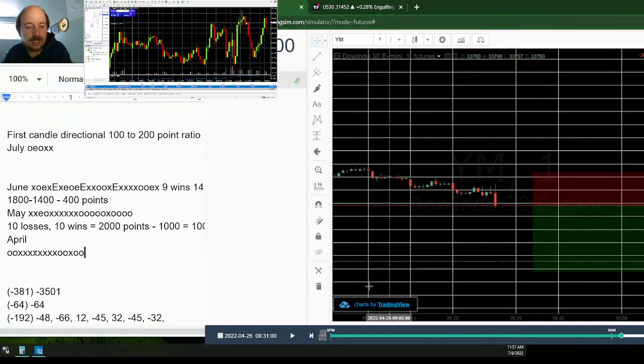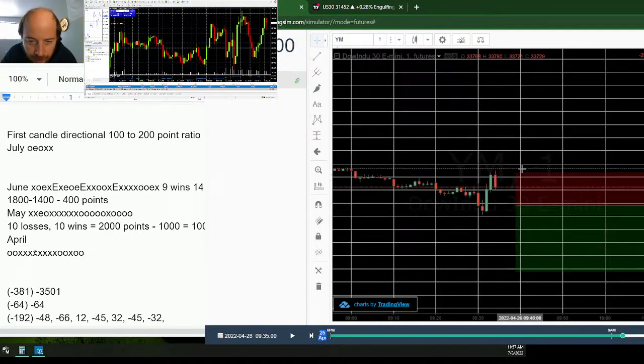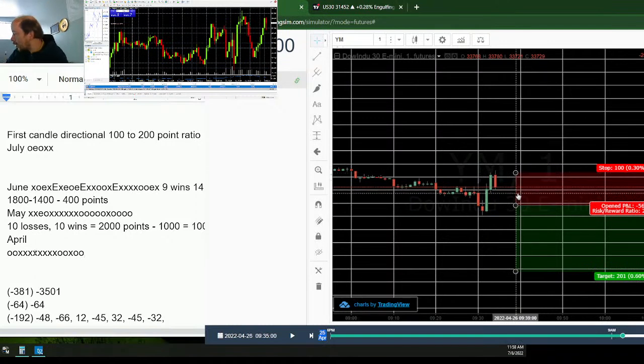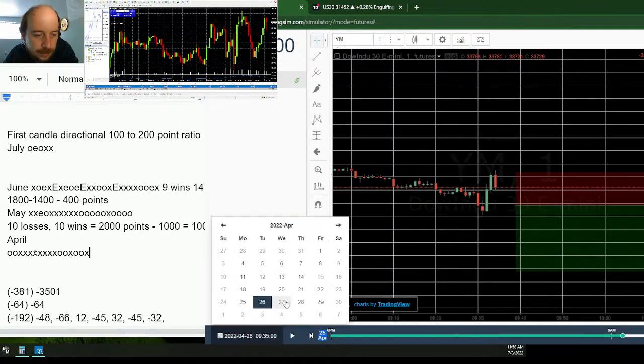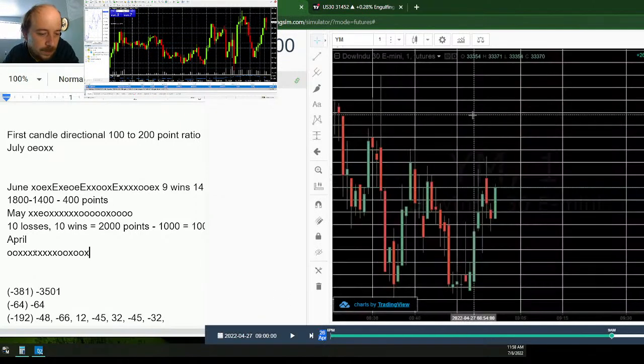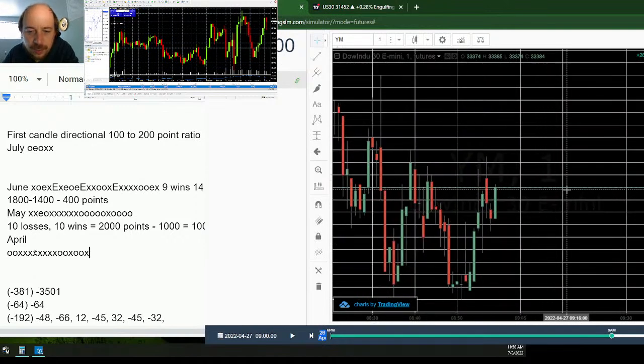Crazy idea. Right, things you might have never thought of. And I'm not trading this right now. I am backtesting it to see if this has any chance of being profitable. It is profitable for June. It yields about 400 points in June, and then in May it yields 1,000 points.